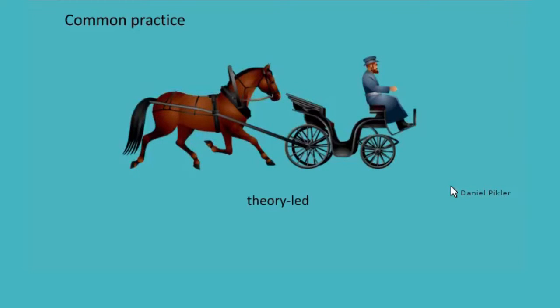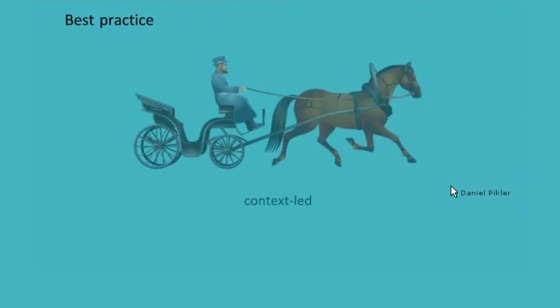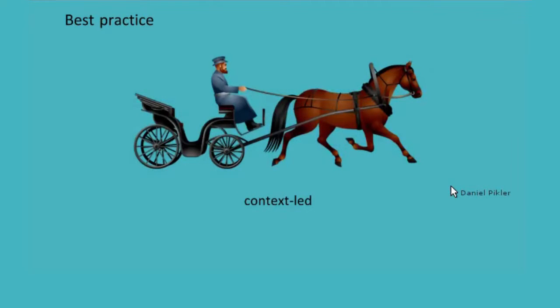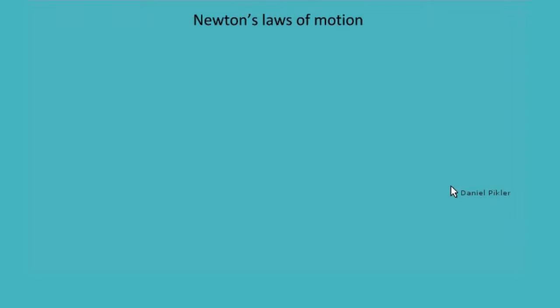So the driving pedagogy for us at Cosmos magazine, in our education program, is what we call context-led learning, which in this analogy is putting the horse before the cart. So leading the learning with context, and then looking into the theory behind that once you've established why you're learning that particular thing. Let's look at a couple of very simple examples of what I mean.